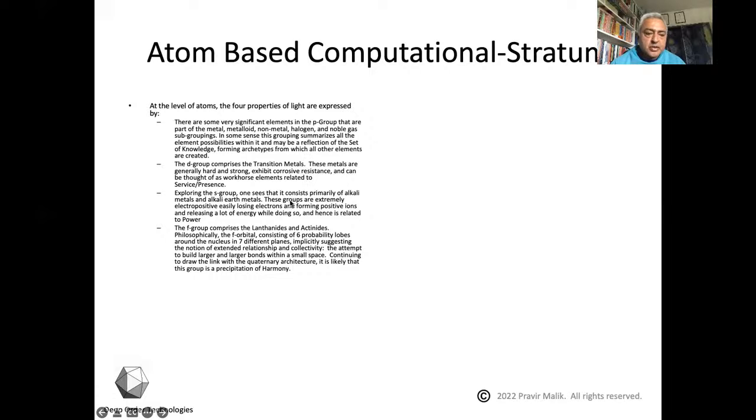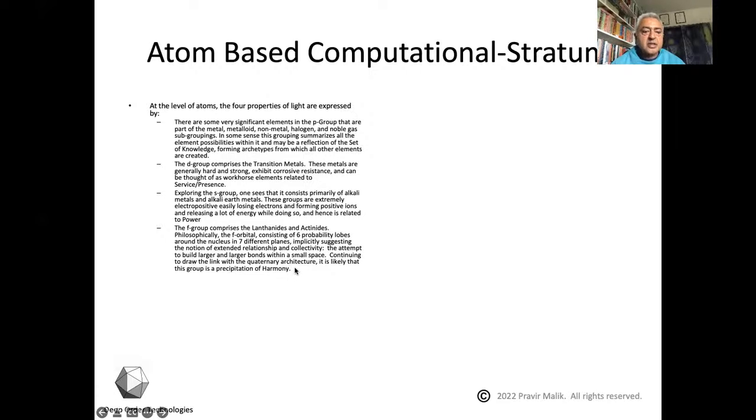When we think about the S group, we have essentially alkali metals and alkaline earth metals, and an example of this is hydrogen and helium, which we know, for example, power all the stars in the universe. And so we already see some correlation between this group and light's property of power. And essentially the F group comprises lanthanides and actinides, which are the largest atoms due to their larger atomic numbers.